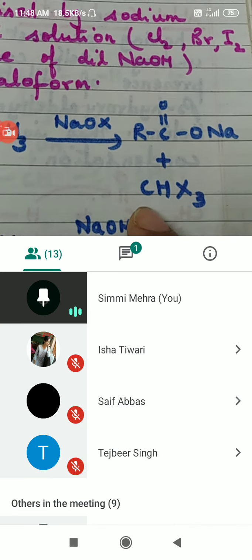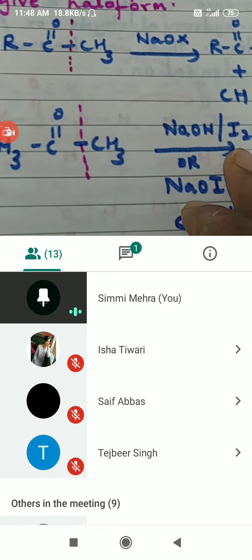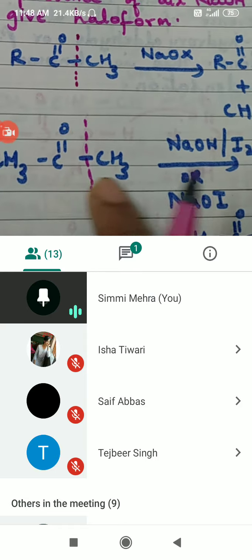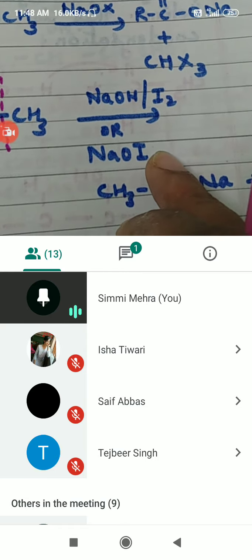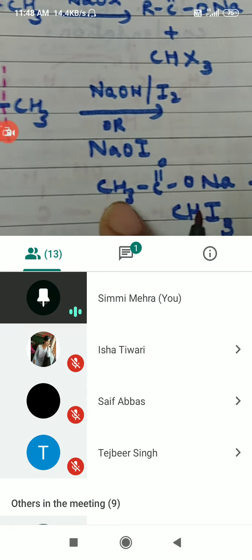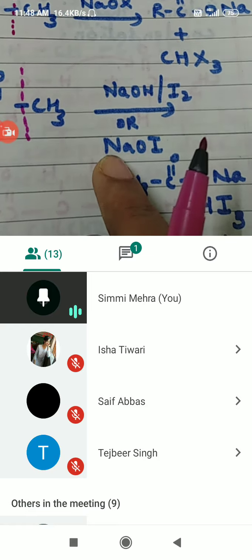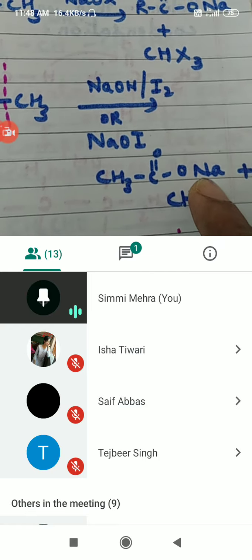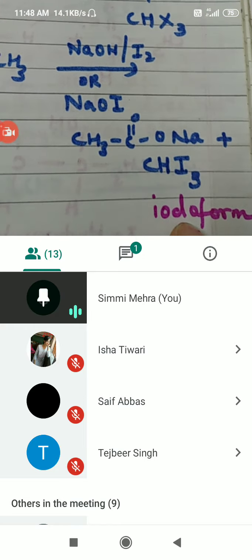I have written this reaction with iodine. So this is acetone with NaOH and iodine, which forms sodium hypohalide, that is sodium hypoiodide. It will break from here, giving CH3COONa, because the acid will change into its sodium salt, plus CHI3. This is known as iodoform.